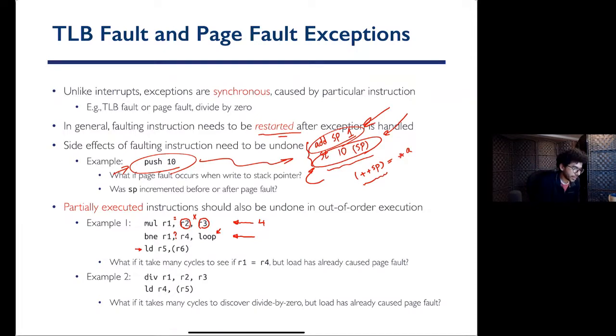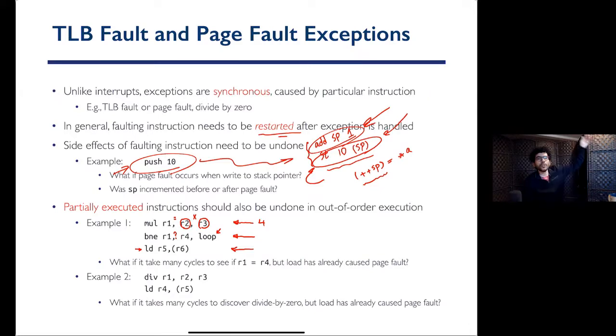But what about the third instruction? The third one works with R5 and R6, so it's not directly dependent on the two instructions on top. However, it's related to the branch instruction, because if the branch is taken, if R1 and R4 are not equal, then I'm not going to execute the load.